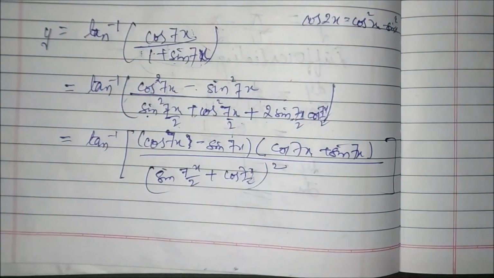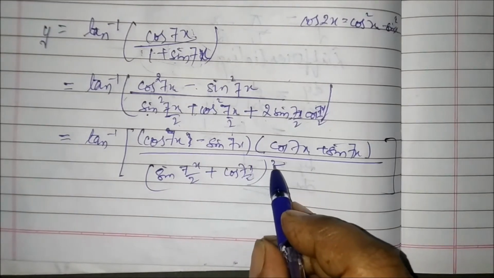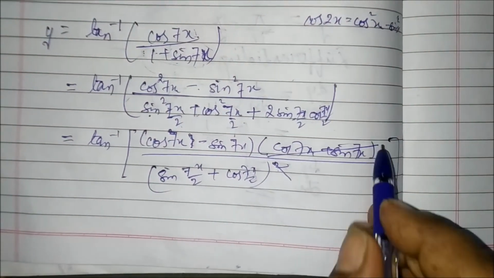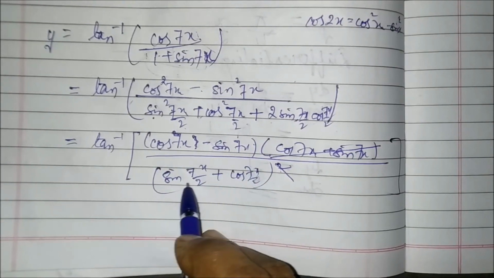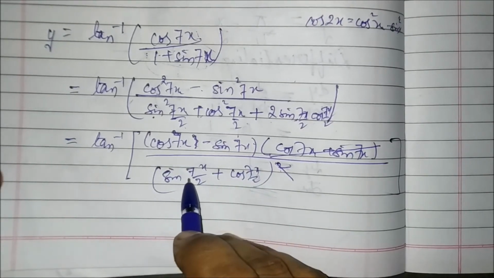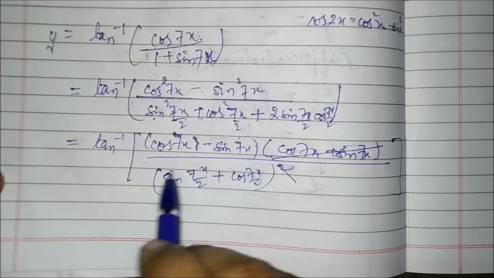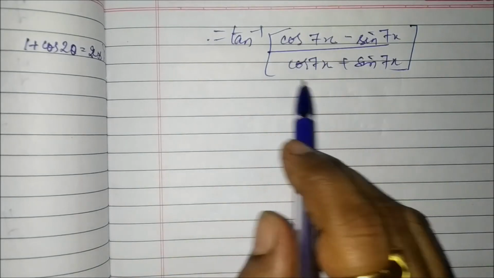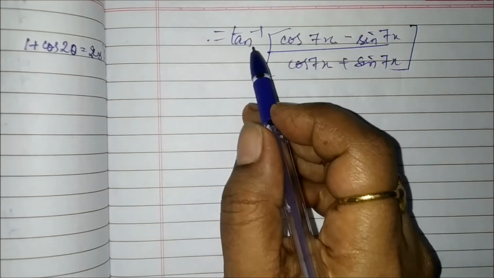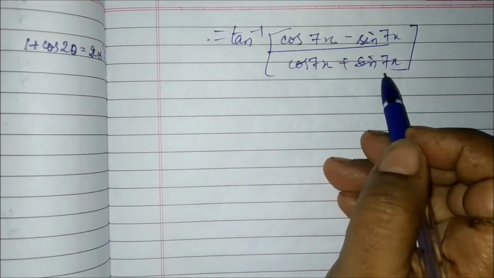Now this plus term will be cancelled out by this term, and we have cos 7x by 2 minus sin 7x by 2 upon cos 7x by 2 plus sin 7x by 2. We have arranged this term only here. So tan inverse of cos 7x by 2 minus sin 7x by 2 upon cos 7x by 2 plus sin 7x by 2.